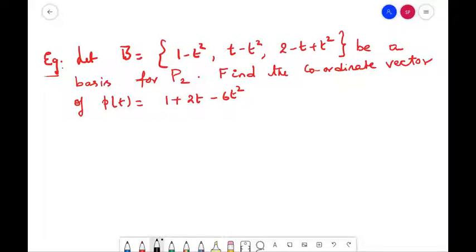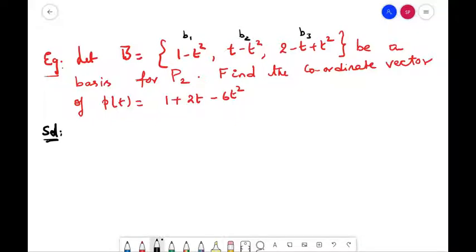So now, in place of x you have P of t, which is a polynomial in P2. Then you have to find the coordinate vector for this P of t with respect to basis B. So now let us see the solution. Here you are given, let me take these as b1, b2 and b3.